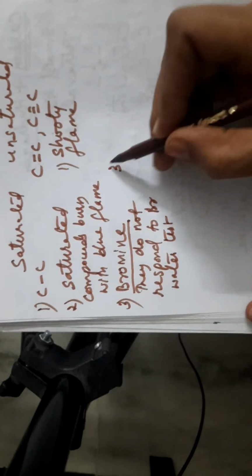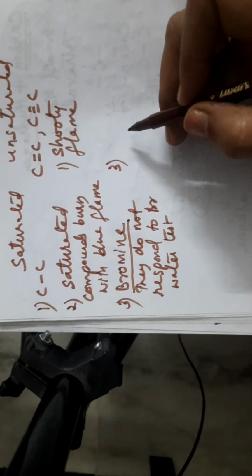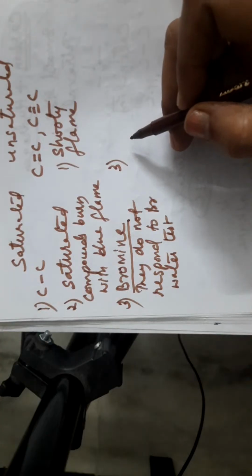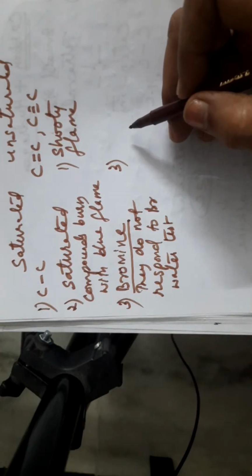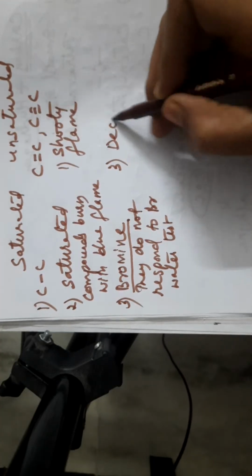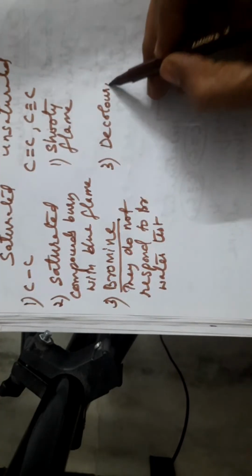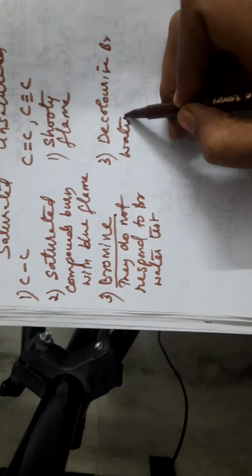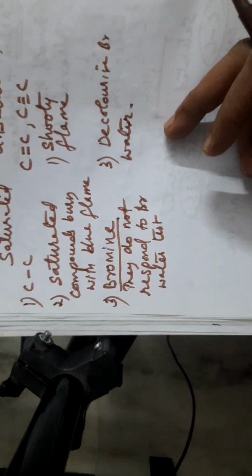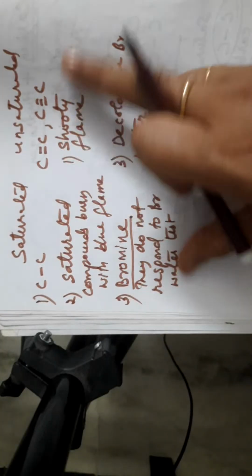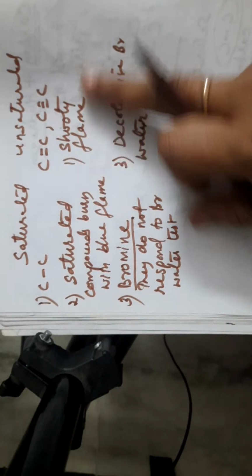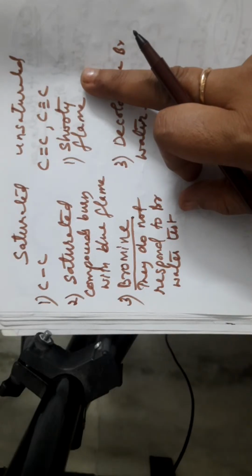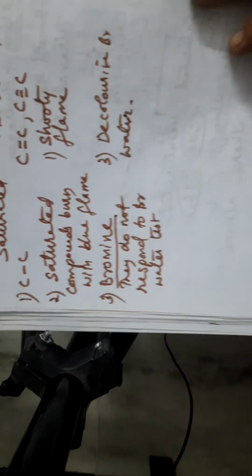Whereas unsaturated compounds decolorize the bromine water, that is, the bromine water will become colorless. So these are the differences which you can remember and try to write. Not simply that they have single bond, or double and triple bond. That's insufficient. You need to write it in an elaborated way clearly, how many bonds are there and all, in sentence formation.